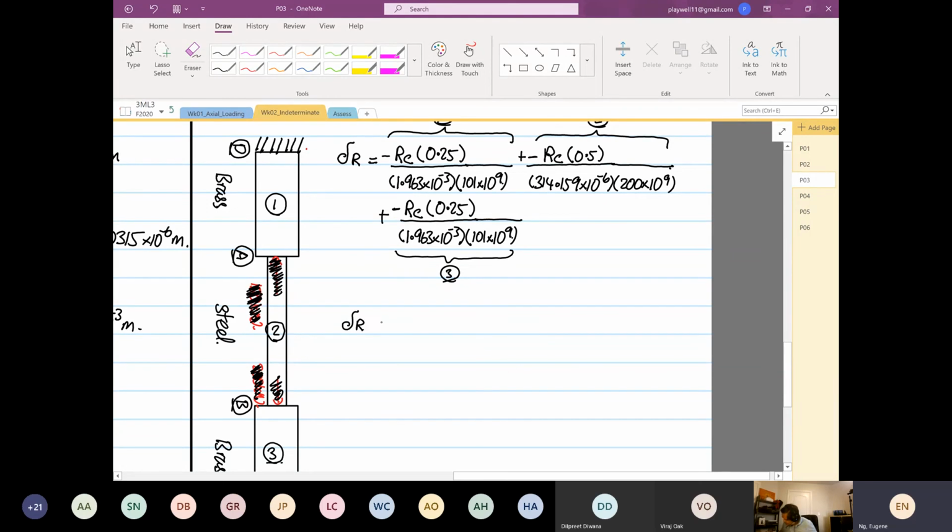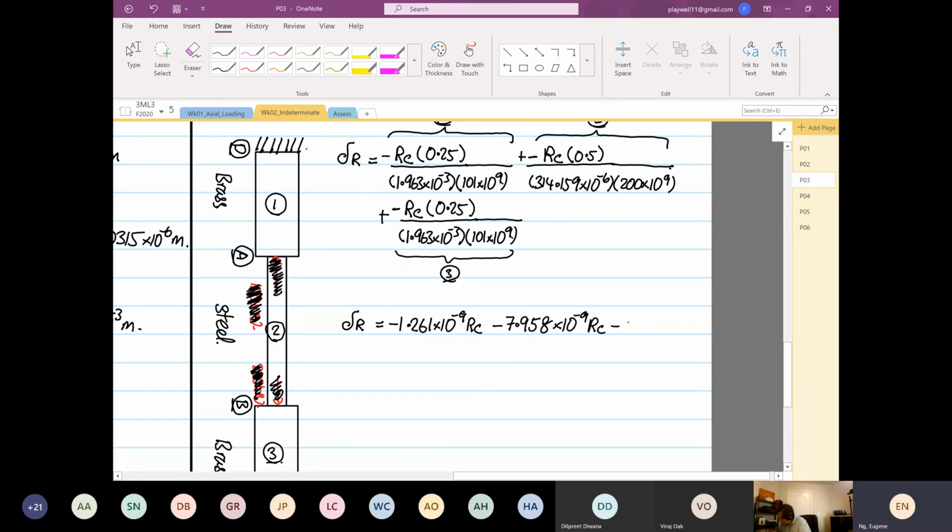I apologize. So delta R is equal to 0.25 divided by 1.963 times 10 to the power minus 3, divided by 101 times 10 to the power 9. So it's equal to minus 1.261 times 10 to the power minus 9 RC. And then minus 0.5 divided by 314.159 times 10 to the power minus 6, by 200 times 10 to the power 9, is equal to 7.958 times 10 to the power minus 9 RC.